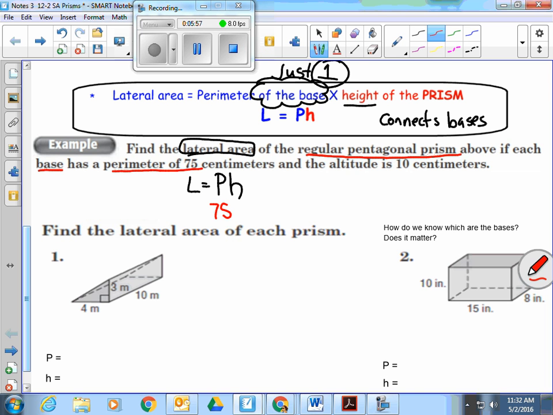And then it tells you that the altitude is 10, so that's my height. So 75 times 10, 750 what? Centimeters squared. Remember, we are still talking about area. It does not matter what kind of area we're talking about. Area is always squared. Always, always, always.